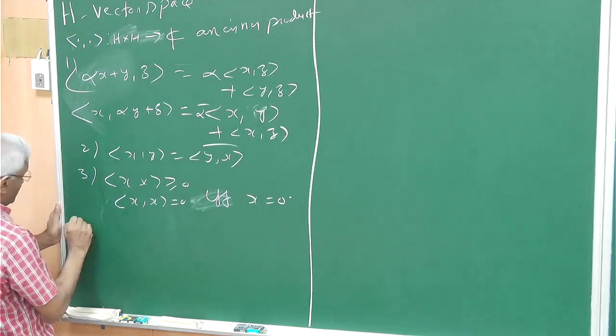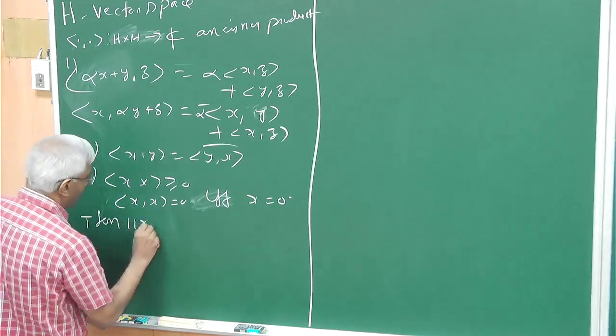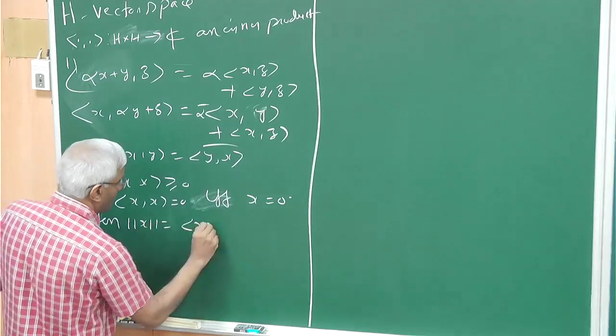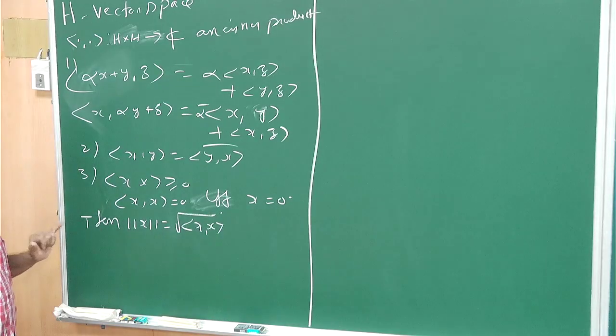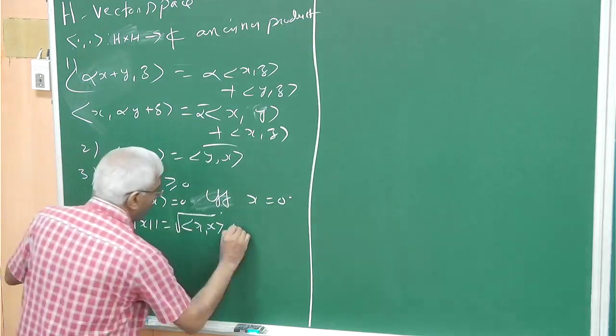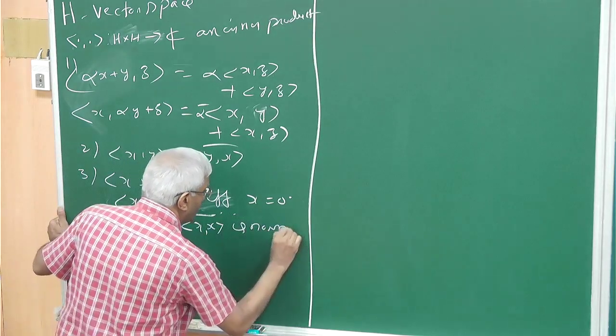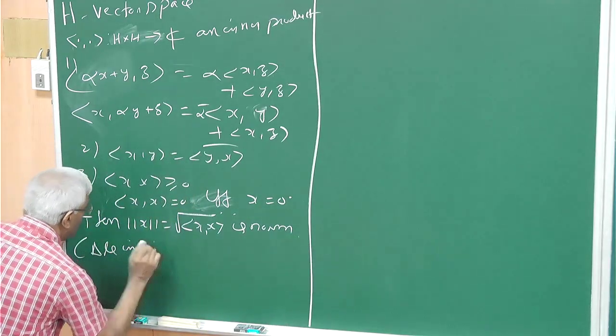So then, if you have an inner product, you can define norm x equal to the square root of the inner product of x with itself. And this will be a norm by using the Cauchy-Schwarz inequality, which you know. So you only need to prove the triangle inequality. Triangle inequality will follow from this.